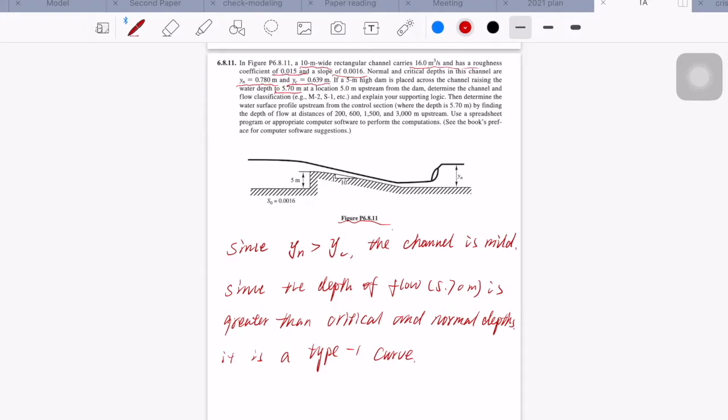So we can determine the flow classification is an M1 curve.